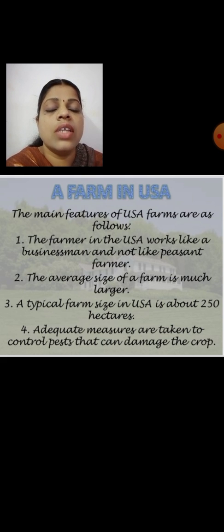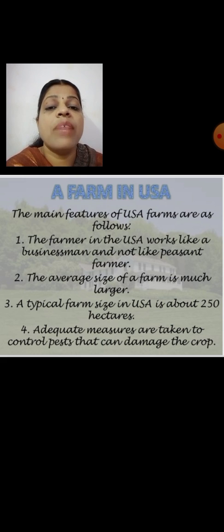The third one is the farm size in America is about 250 hectares. So children, please imagine the size of the farms. It is about 250 hectares, actually. It is that large in size.